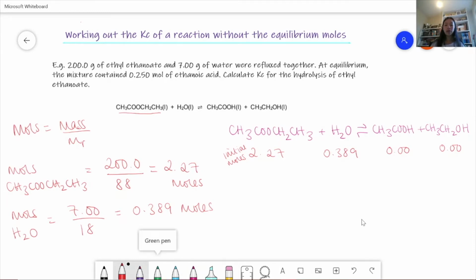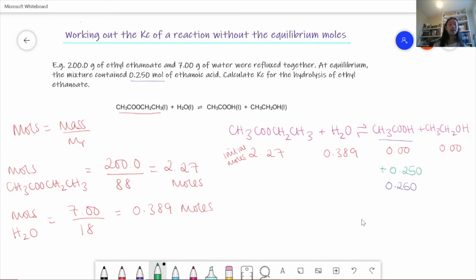And then we put in our known equilibrium mole, which is this 0.250 mole of ethanoic acid. Ethanoic acid is the CH3COOH, so we have 0.250 moles of this. And so now we can begin working out how much we've lost. So here we have gained 0.250 moles.